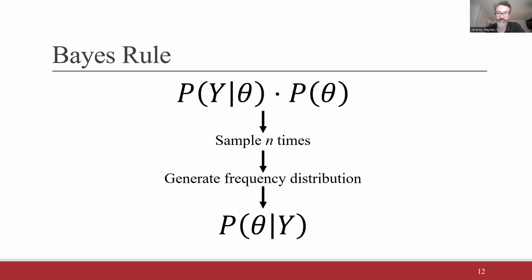And if we generalize the frequency distribution as a probability distribution, now we can actually have our posterior distribution that does integrate to 1. And now this is where MCMC becomes particularly important, because now we need to find an algorithm that will allow us to sample from the joint distribution in such a way that it will represent the posterior distribution. And this is where MCMC comes into play. This is how we're going to sample from the joint distribution.